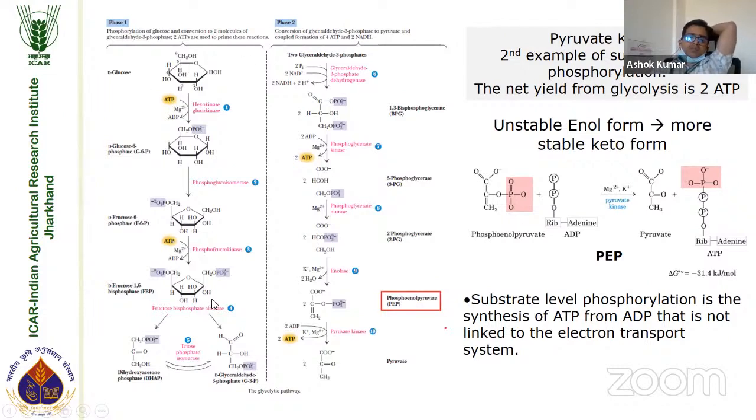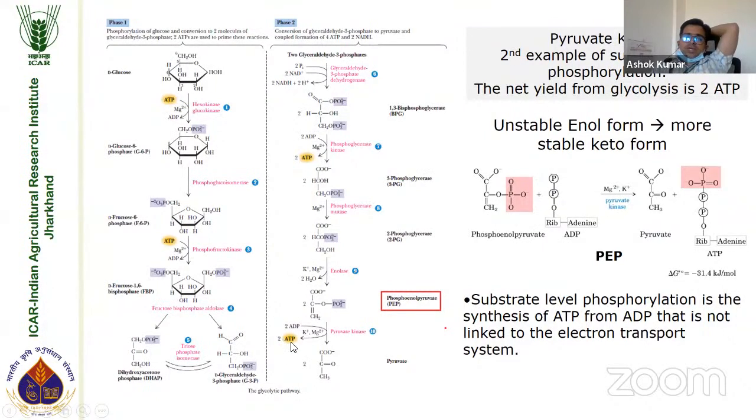This glucose is phosphorylated with the help of 2 ATP, and one glucose molecule generates 2 molecules of glyceraldehyde 3-phosphate. So from here onward you will have a coefficient of 2. Here 2 ATP are produced, here 2 NADH are produced, and here 2 ATP are produced.